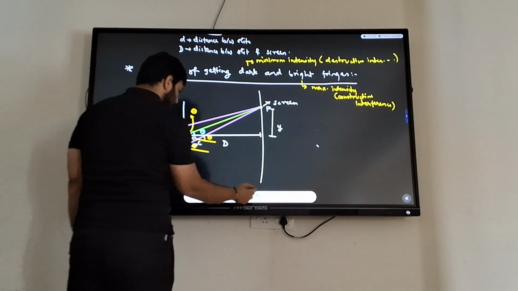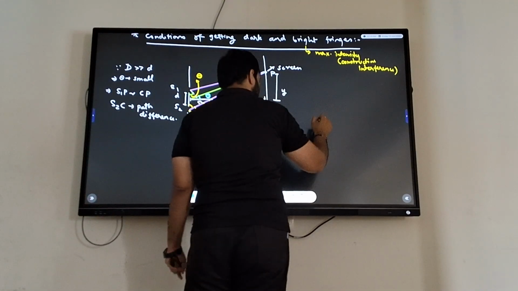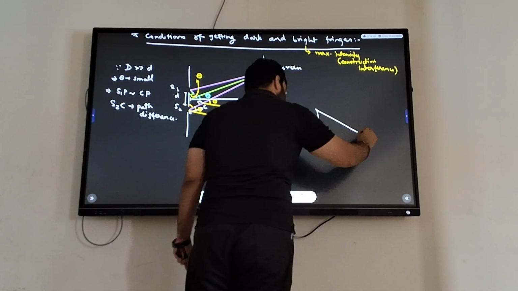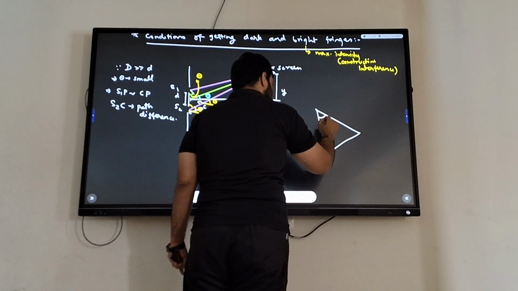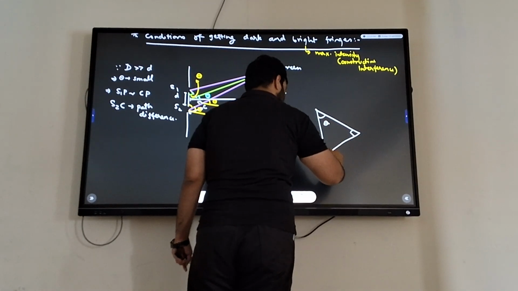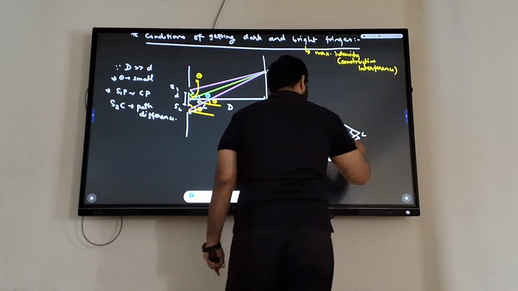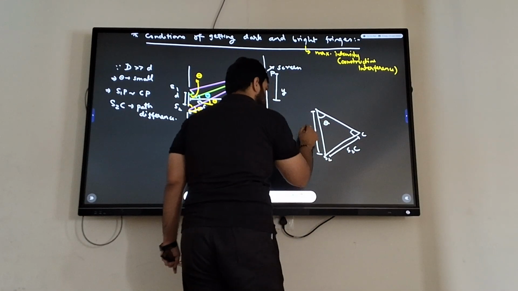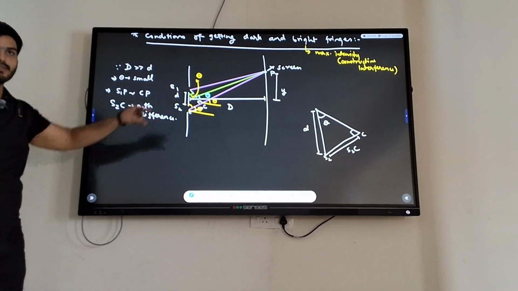So let's look at this triangle again. This is my triangle, where I have this theta here, I have this 90 degree here. This is S2C distance, and this is distance small d. Can you see that? Small d of this triangle.